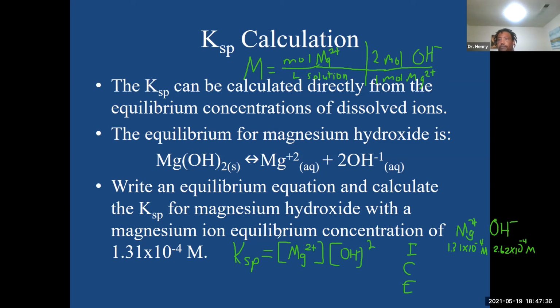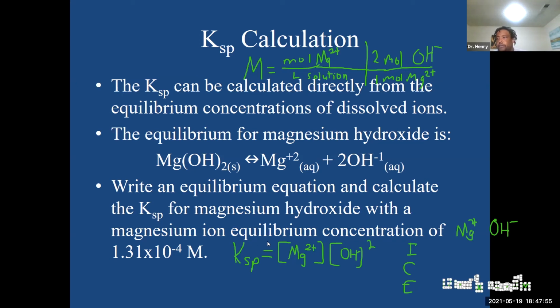Okay. So by the way, this was at equilibrium. That was my mistake. So then it says that was the magnesium ion at equilibrium.